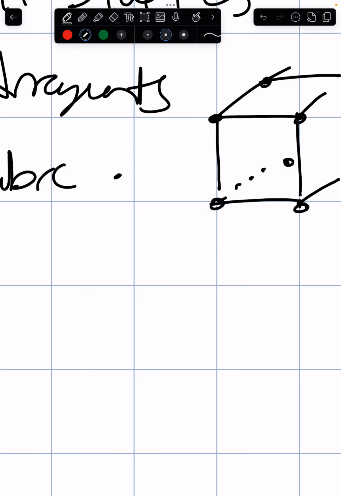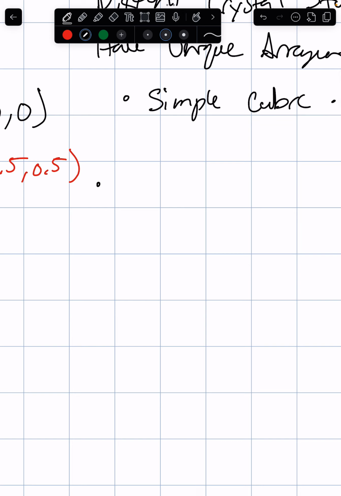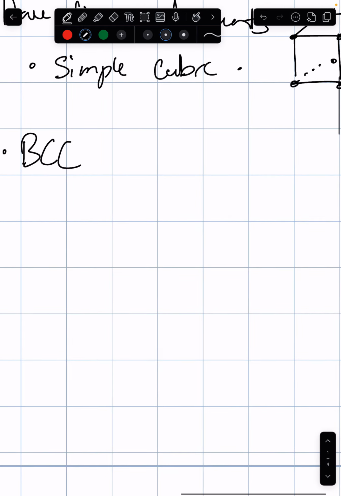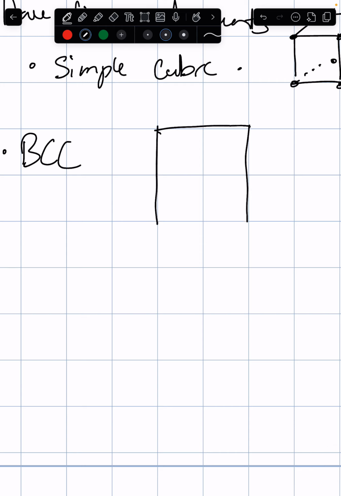If we're thinking about something a little bit more complicated, like the body-centered cubic, BCC, we're going to find one additional atom at the center.